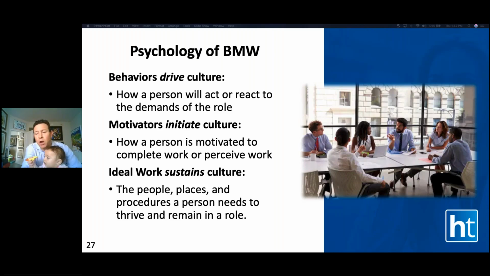And thirdly, the ideal work component sustains culture, the people, places, and procedures and processes in place that a person needs to thrive and remain in a role. Imagine going to a company that's completely structured, Six Sigma, continuous improvement, and then going to a company that doesn't have any of that. It would be a shock, even for the same role that you have. It would be a very different culture feel. Go ahead, Charles.